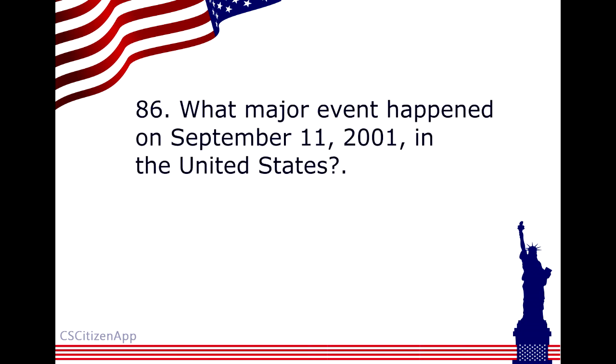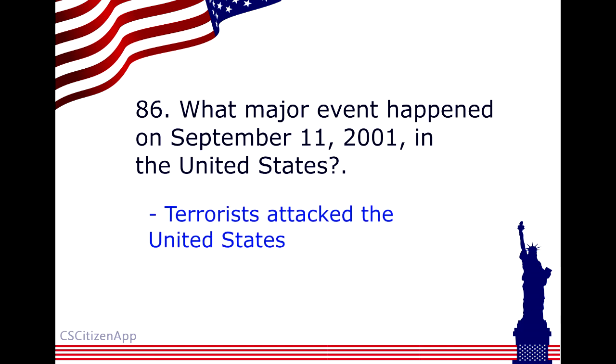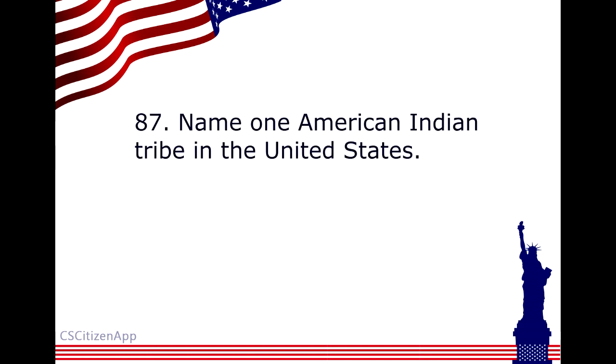What major event happened on September 11, 2001 in the United States? Terrorists attacked the United States. Name one American Indian tribe in the United States. USCIS officers will be supplied with a list of federally recognized American Indian tribes. Cherokee.